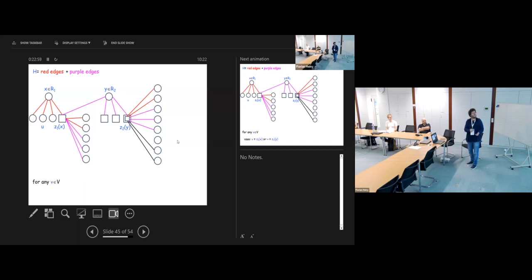Okay, and now if you want to go from U to V, you can use a similar argument. If V is one of these two guys, you can use this path here. If V belongs to one of these vertices, we add the direct edge. When V is here, we use this path, we add this blue edge. And when V is here, we can use this path and we add the green edges.